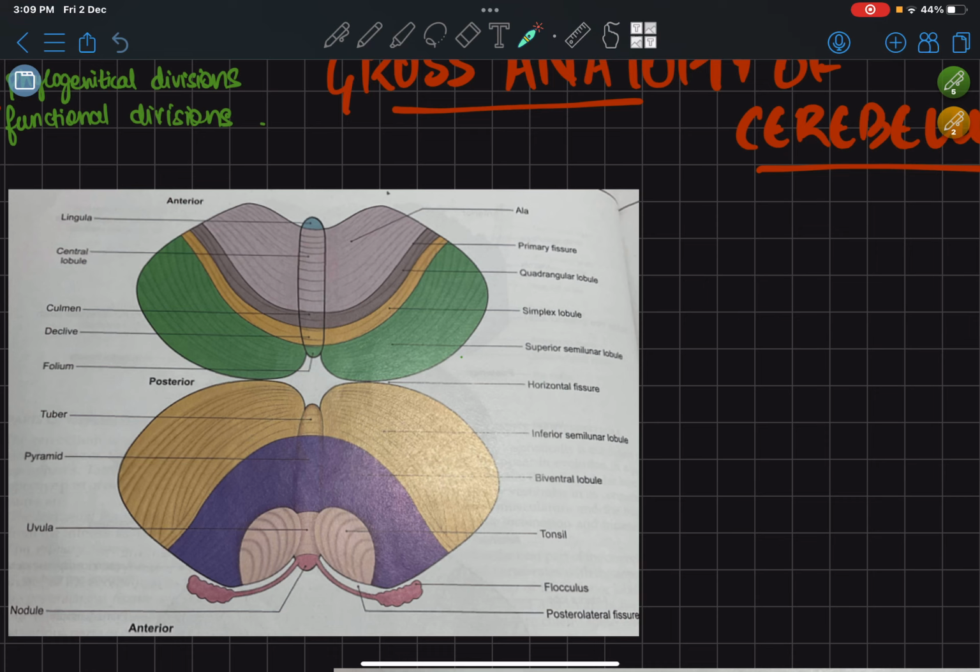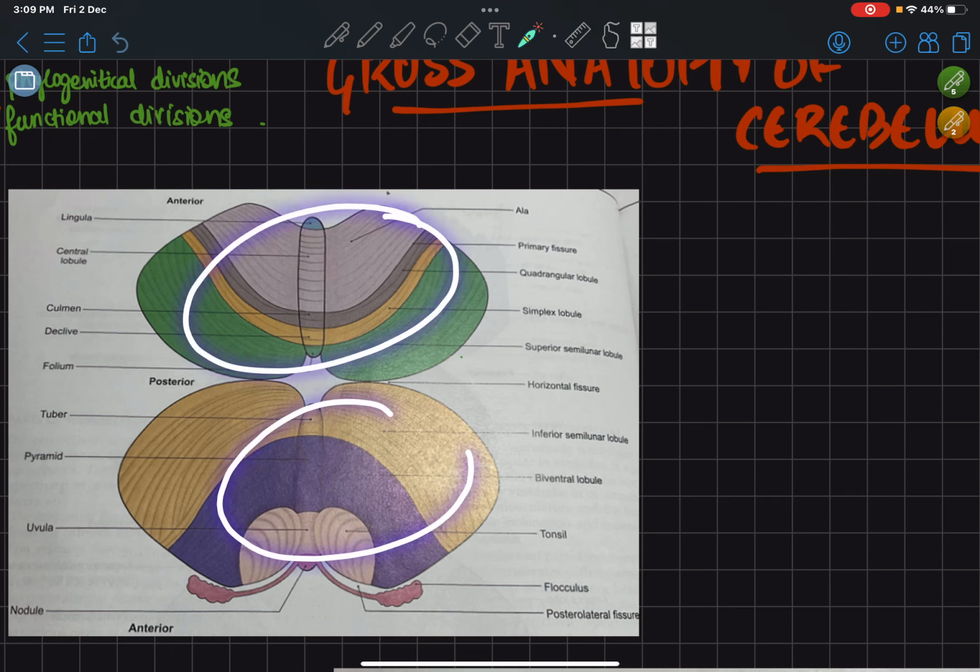Alright, and then you have the posterolateral fissure, which separates the floccular nodular lobe from the posterior lobe, or you could say the middle lobe from the floccular nodular lobe, and this is on the inferior surface, whereas the horizontal fissure will separate the superior surface from an inferior surface.